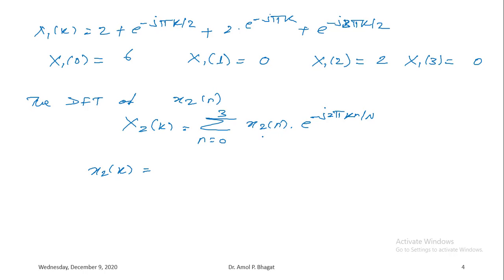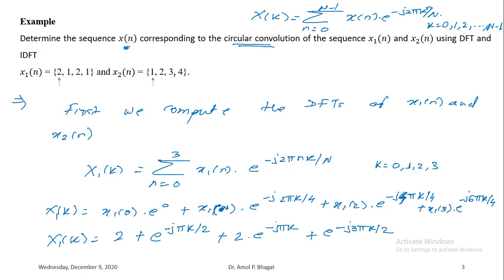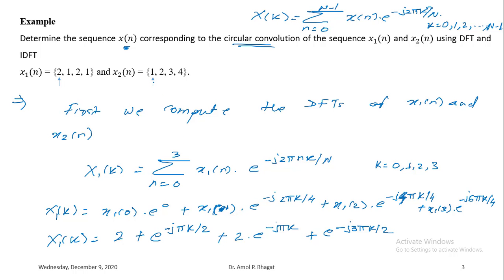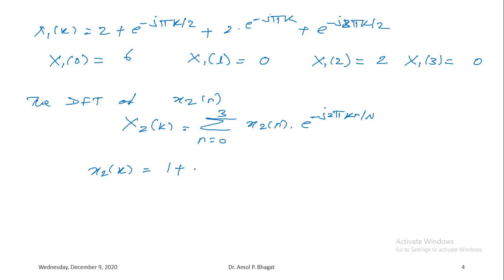What equation will I get? Because x2 of n is 1 2 3 4, it will be 1 multiplied by e to the power 0, so it will be 1. The second sample value is 2, so it is 2 multiplied by e to the power minus j 2 pi k by 4, because the value of N is 4, so it will be e to the power minus j pi k by 2.